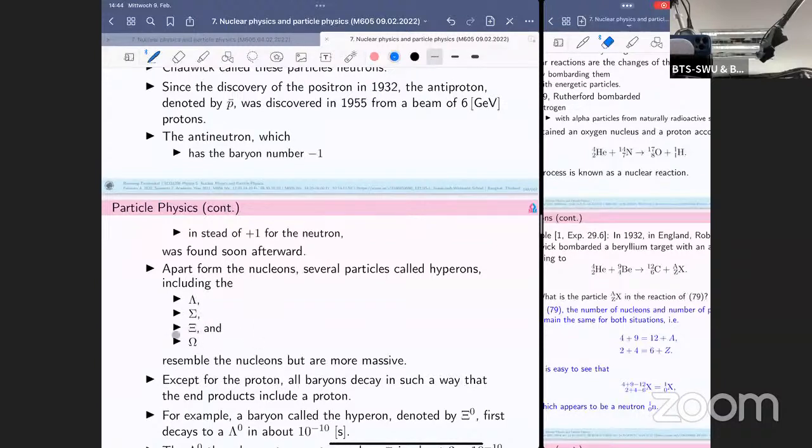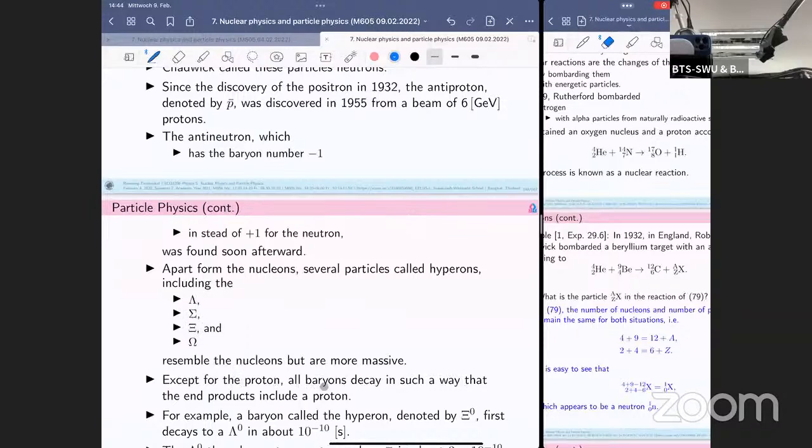All of these are similar to the nucleons that we have seen in the proton or neutron, but they are bigger and more massive. They have more mass than the proton and neutron, but they are not stable.